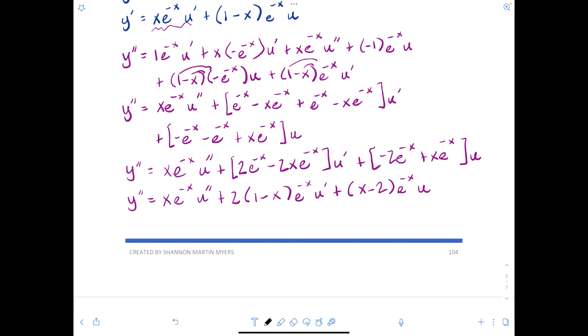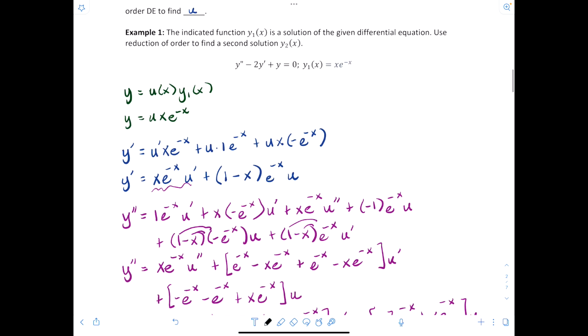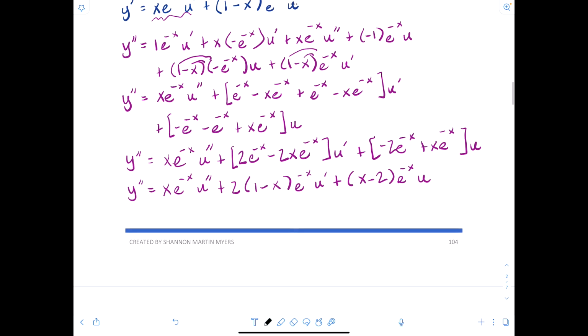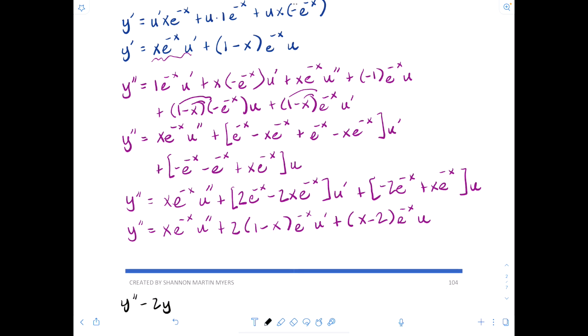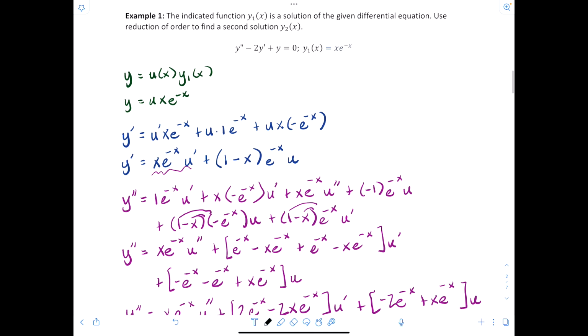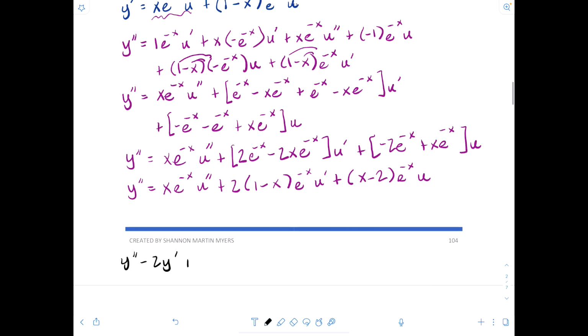All right, so now what do we want to do? We know from the original differential equation that y double prime minus 2y prime plus y is equal to 0.